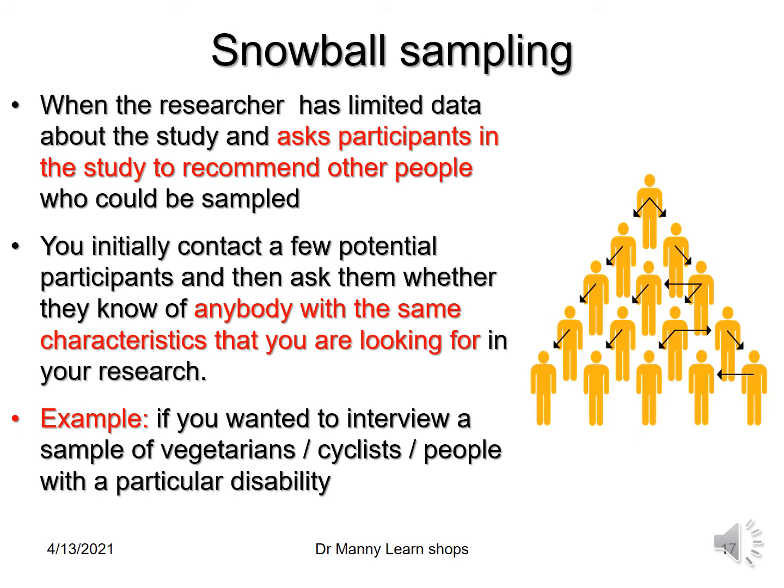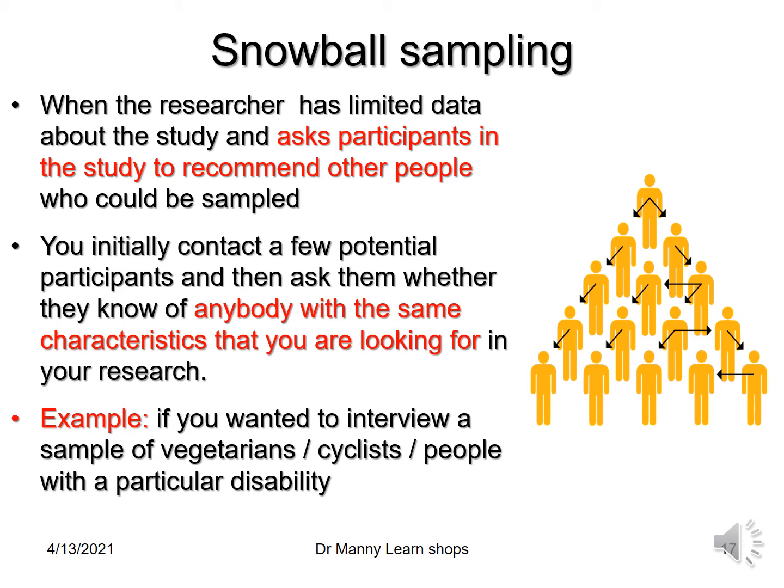Then you've got a technique of sampling called snowball sampling. And this is when the researcher has got limited data about the study, and he asks participants in the study if they can recommend other people who could be sampled.